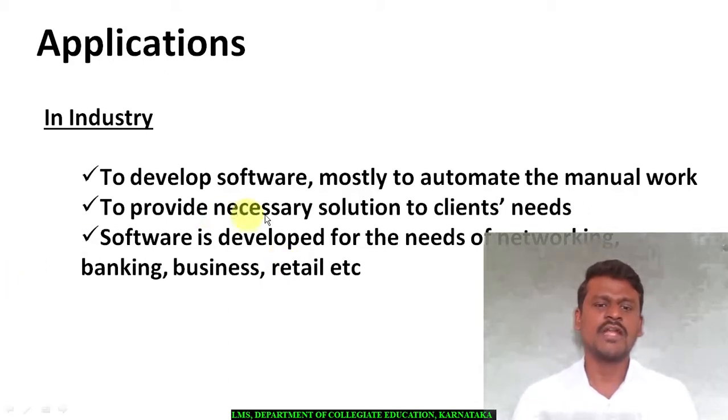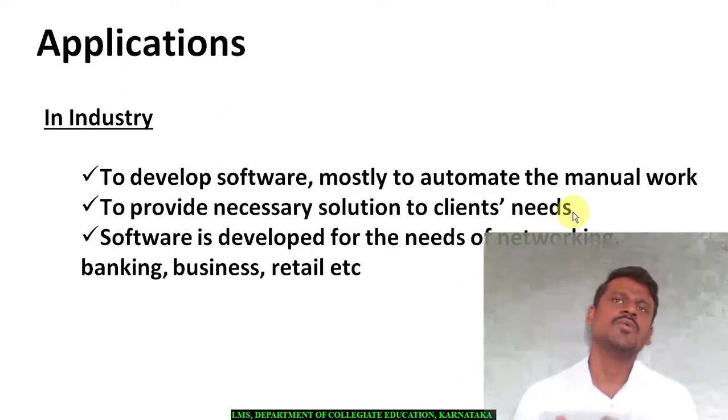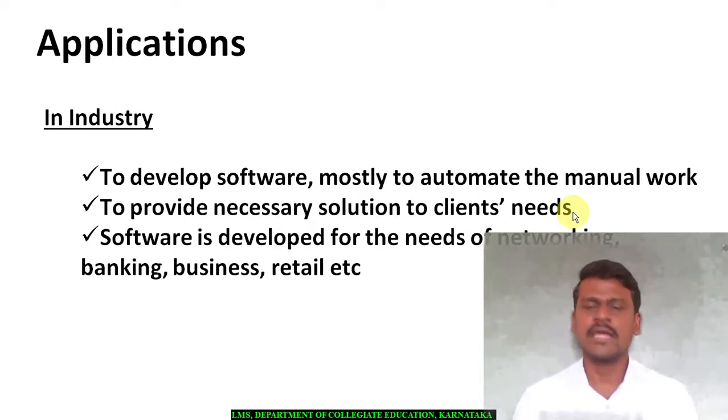Next is to provide the necessary solution to client needs. If the client wants software to automate his office, or to make billing correctly, for example in hotels, you may have seen that if you give just the product name, for example idli or dosa, the machine gives the exact bill. That is also made with the help of software.